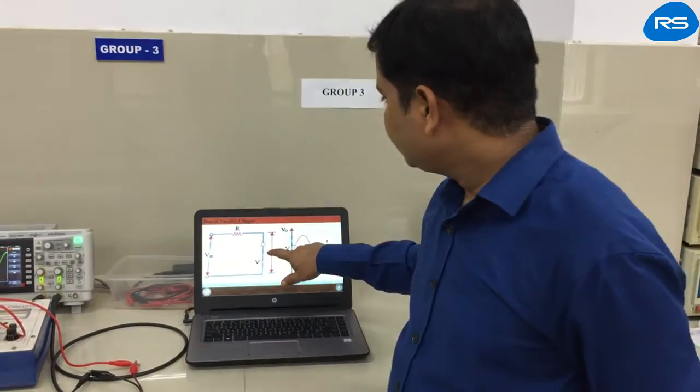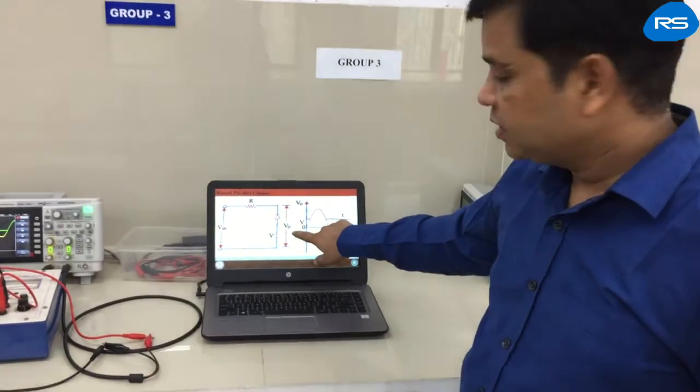Now we have another variant of parallel clipper circuit. The circuit is shown here.